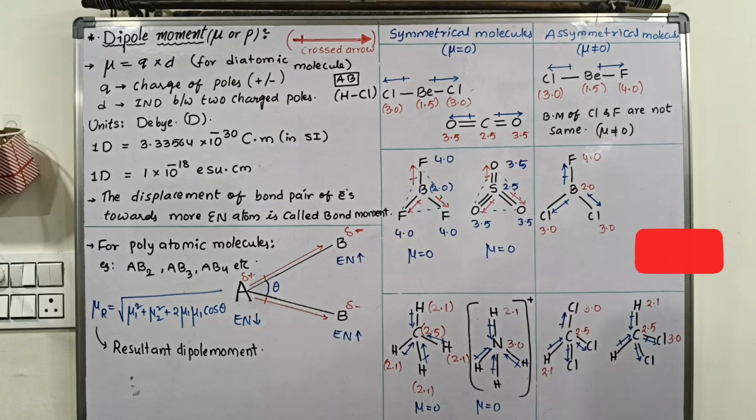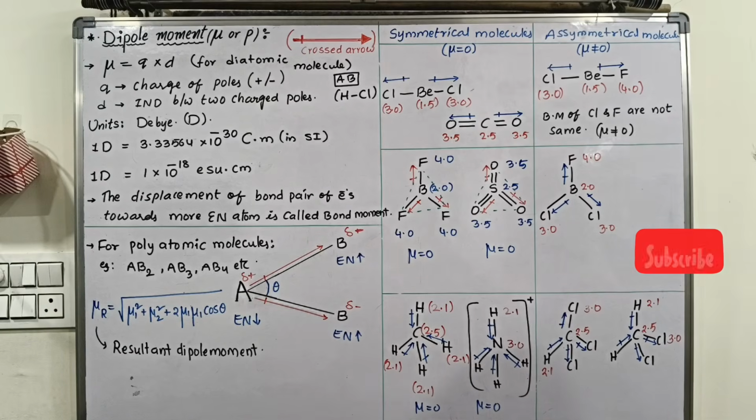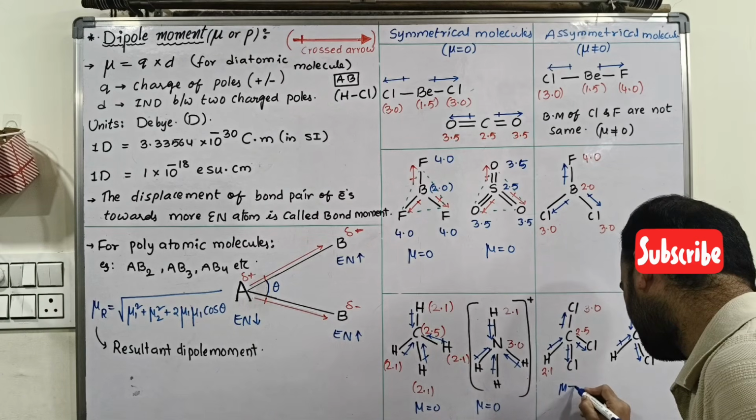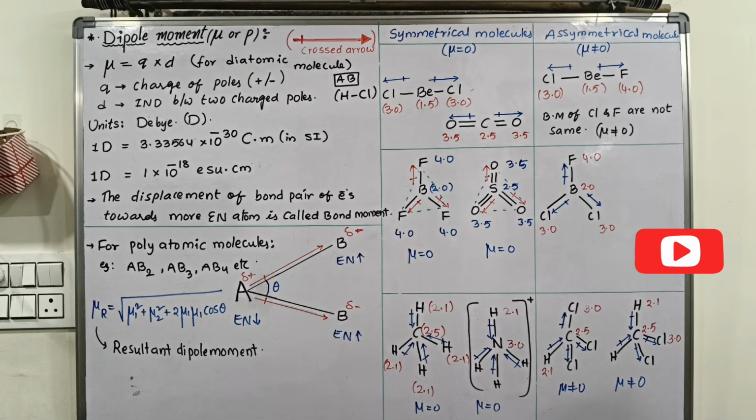The bond moment of carbon to chlorine and carbon to hydrogen are not equal. That's why the dipole moment is not equal to 0.